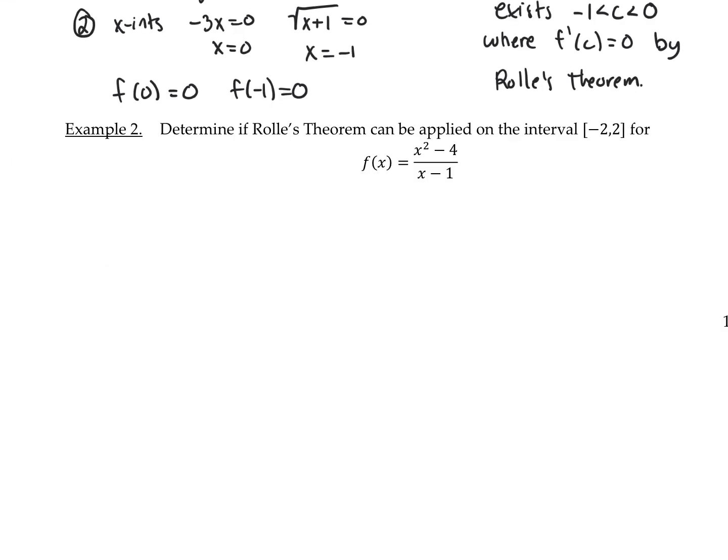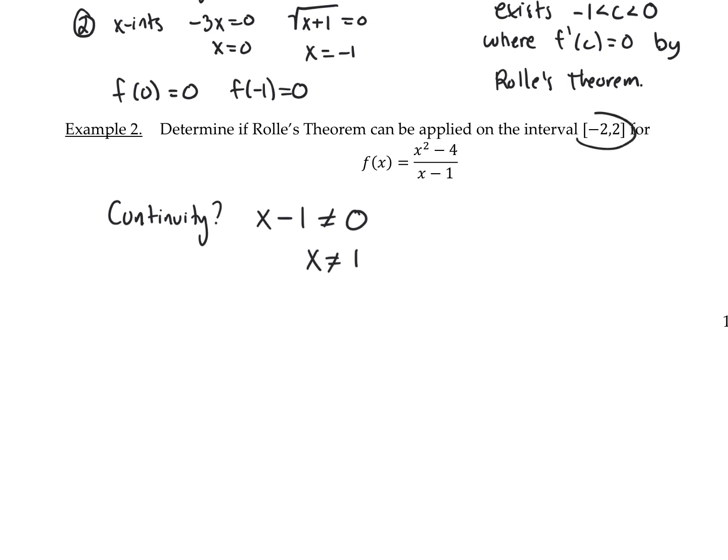In the last example, we are determining if Rolle's theorem can be applied on the interval -2 to 2 for this function. Remember, our very first thing on almost all of our theorems is to check continuity. When we're checking continuity, we would be looking for any place where the denominator equals 0. In fact, there is: x equals 1. Our domain is that x can't equal 1.